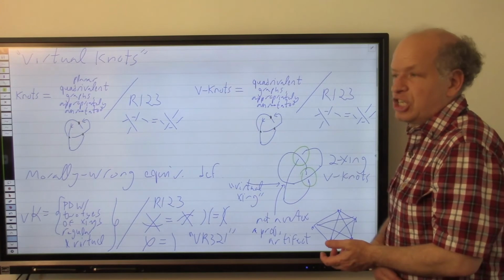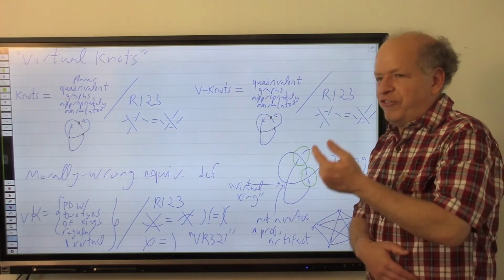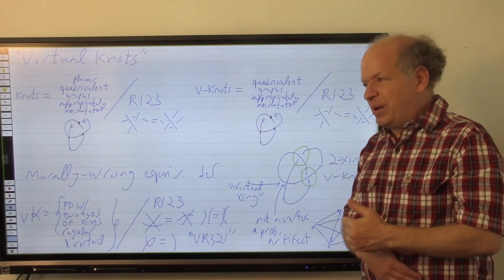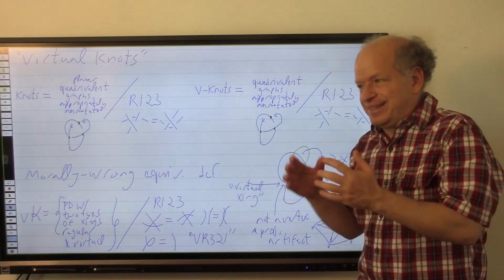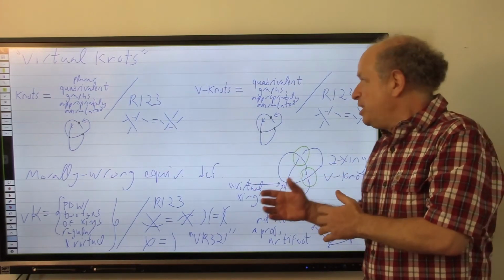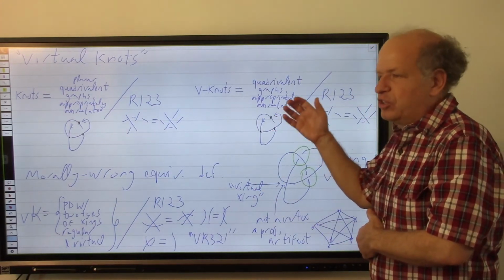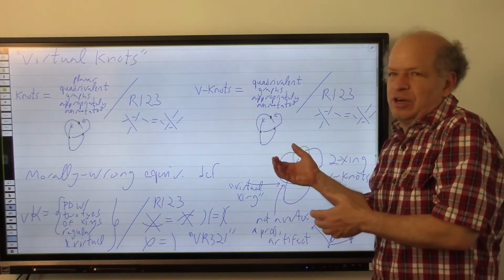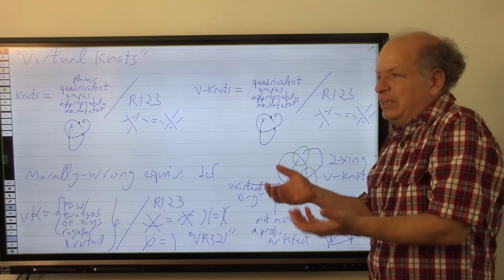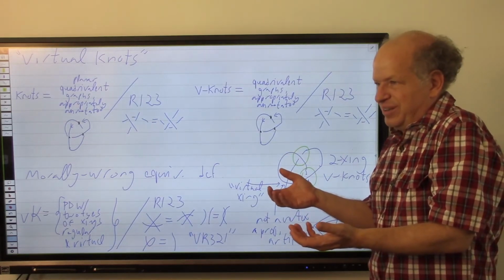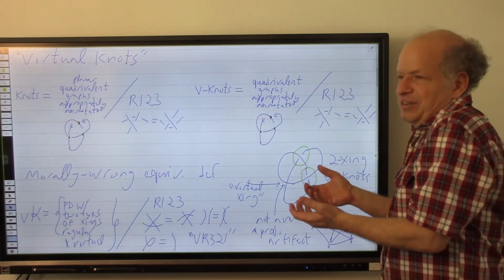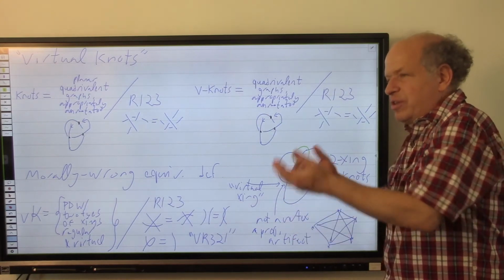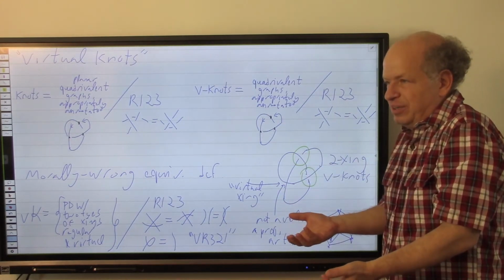The Wirtinger presentation: the fundamental group of the complement as such does not mean anything for virtual knots, because the complement does not mean anything, because virtual knots are not embedded anywhere. Okay? They're abstract graphs, so they don't have a complement.